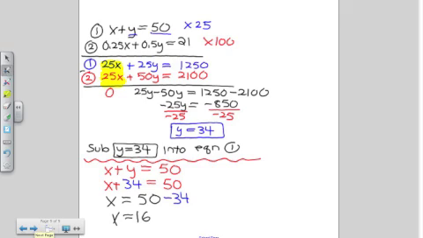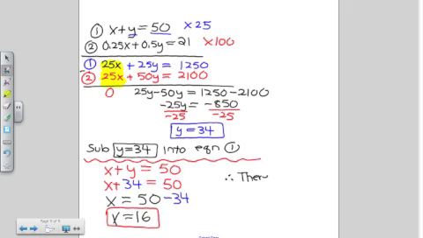Now we have to remember what the x and y both represent. So x represents the amount of the brand A antifreeze. So just to make sure that you know exactly what those unknown variables represent, we need to do a written statement again.